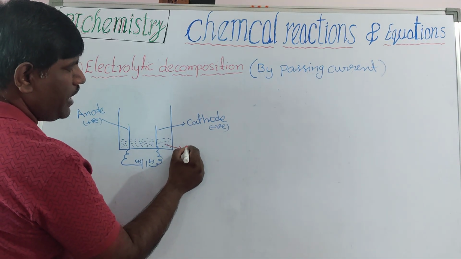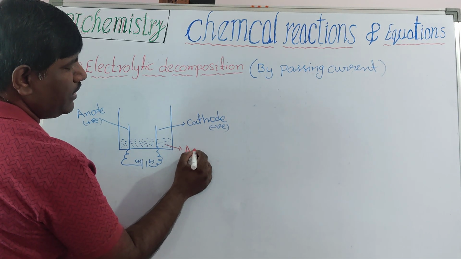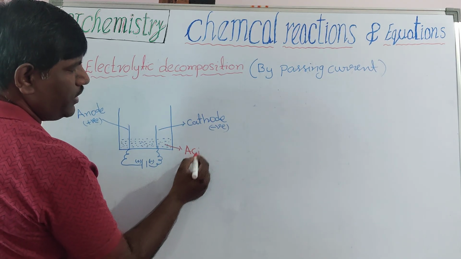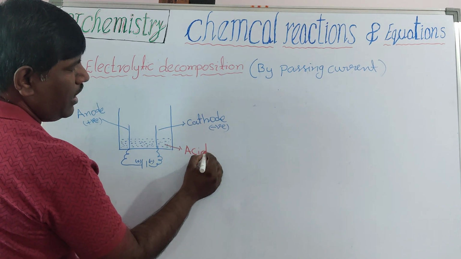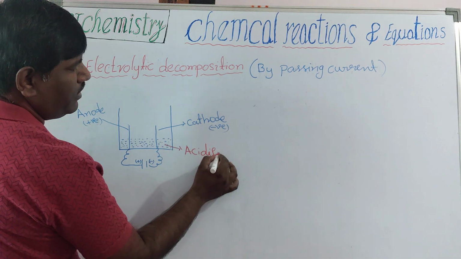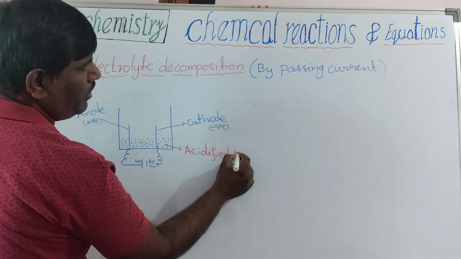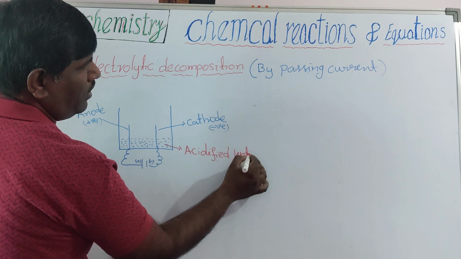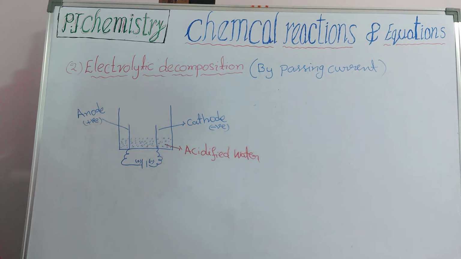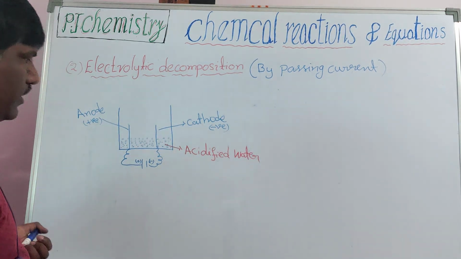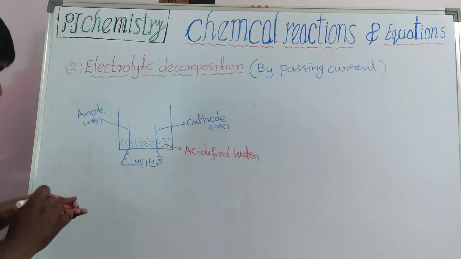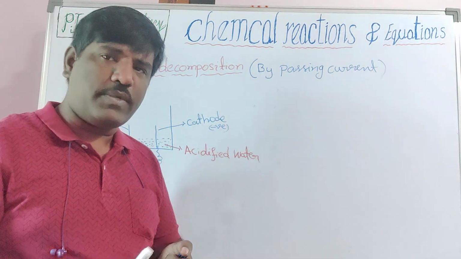But pure water is a bad conductor, so we add a little acid to pass current through it. That is what we call acidified water, and acidified water acts as the electrolyte. Why do we use acid?